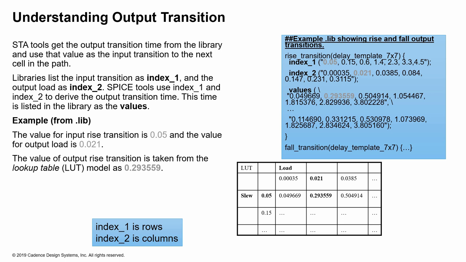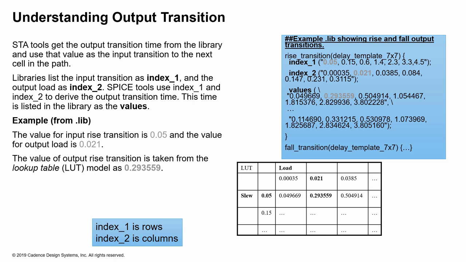It would make it easier if you remember that index 1 is always the row and index 2 is always the column. That way you can always identify the values based on the index 1 that is specified and the index 2 that is specified.